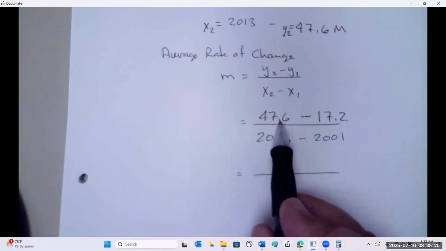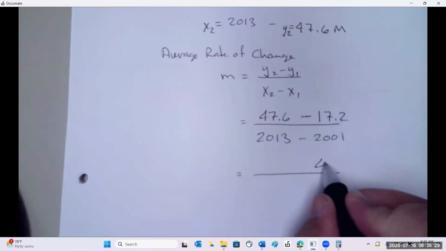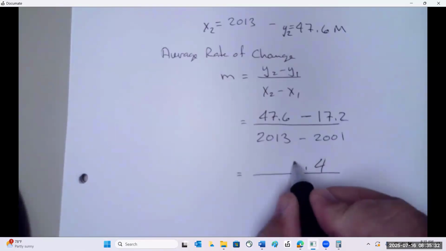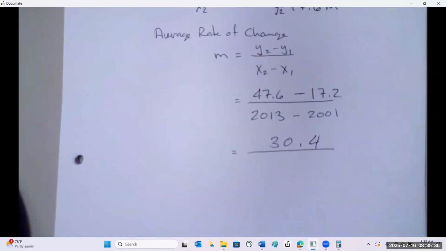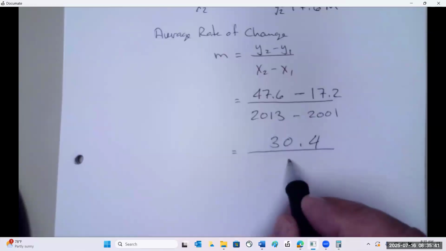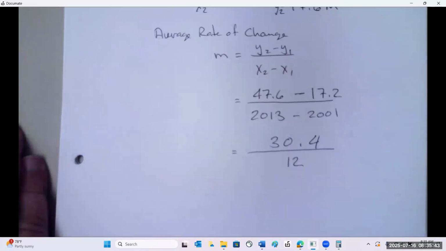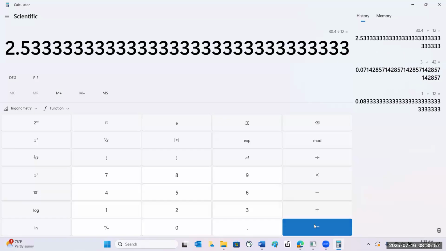So the difference between 47.6 and 17.2 is, subtract those, 30.4. 2013 minus 2001 is 12. So we do the calculations. 30.4 divided by 12.